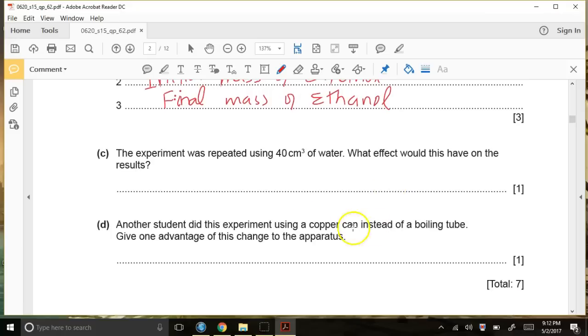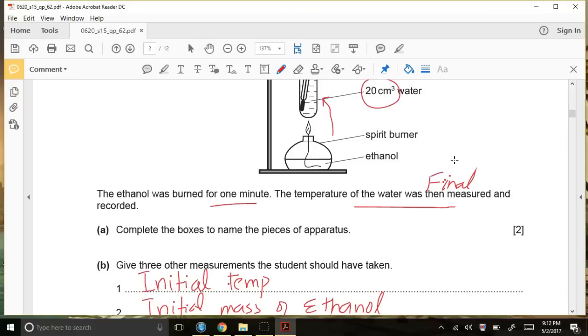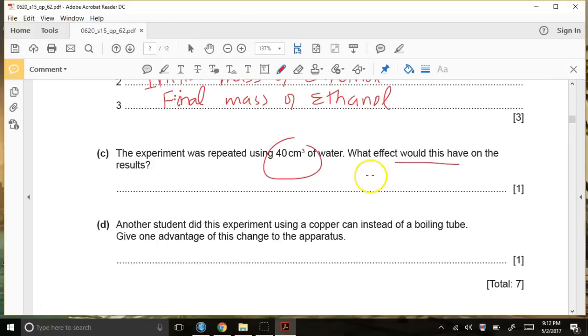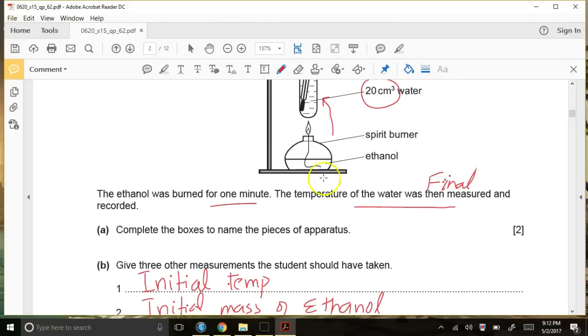And now this C part says, if this experiment was repeated with 40 cm cube of water, what effect would this have on your results? Well, if you compare with the earlier situation, you had 20 cm cube of water, and now you're going to use 40 cm cube. It means there is more water. But the question didn't talk about the heat. It means you have to assume that the amount of heat we are expecting to come from ethanol will remain the same.